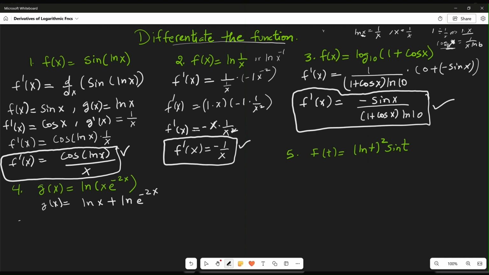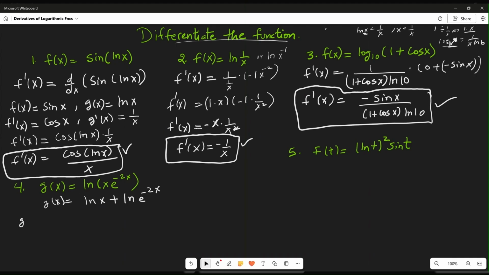Now you can take the derivative here. We can take the derivative now, but I am not liking this, and I would like to simplify this further if I can before I actually start taking the derivative of this g of x function. Let me go over some of the properties of logs. I think I haven't gone over these in the previous ones.